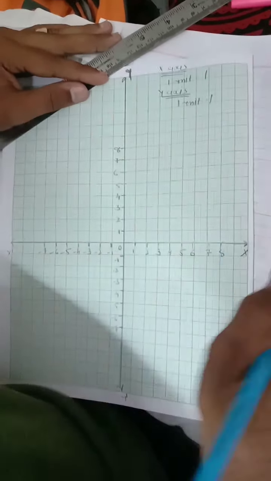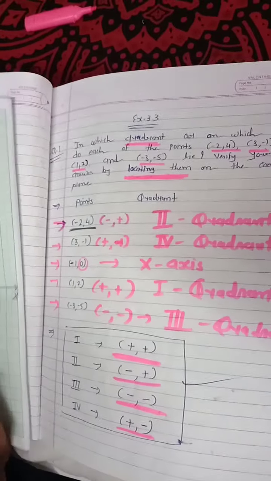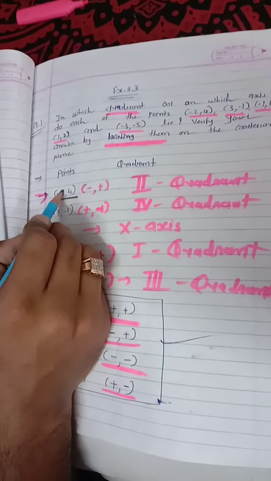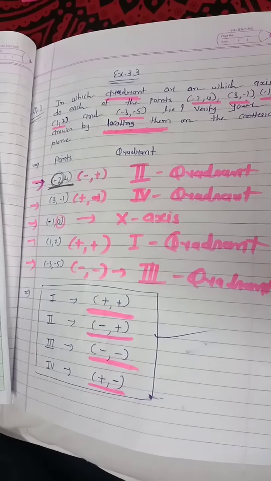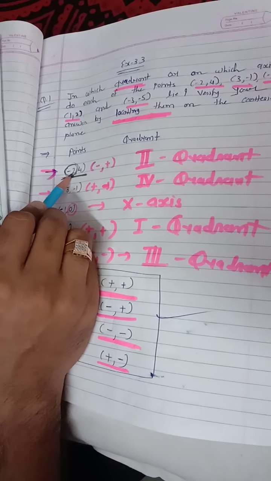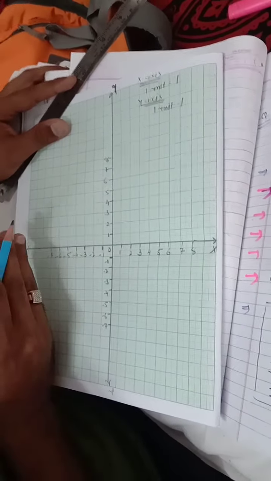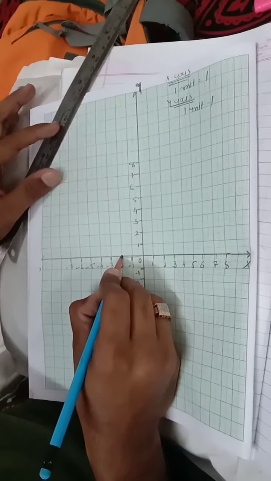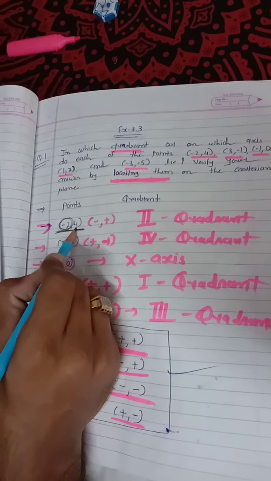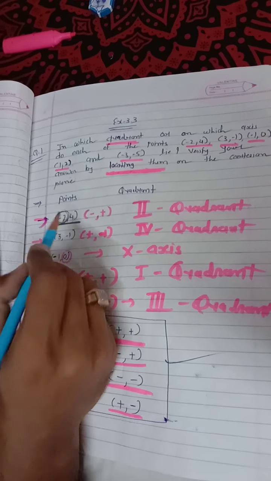Now I want to represent the first point (-2, 4). So first I see the x coordinate. X coordinate is what? -2. So I move -2 on the x-axis, means horizontally. I reach here. Clear? Now second is your 4, the y coordinate.